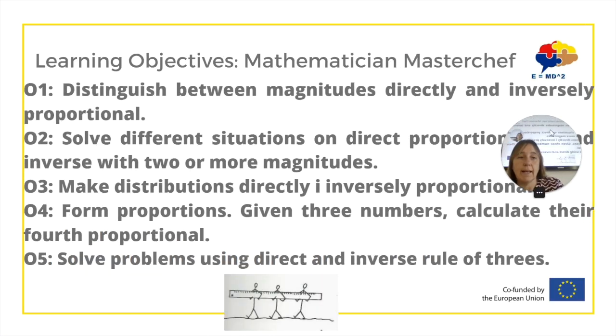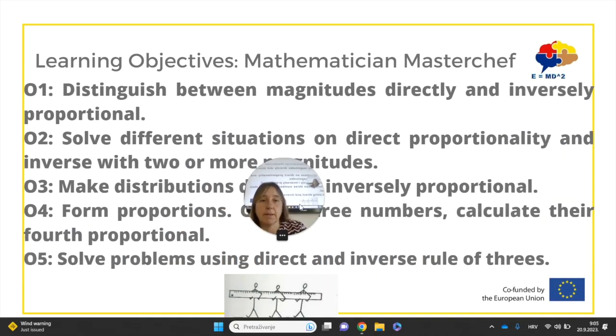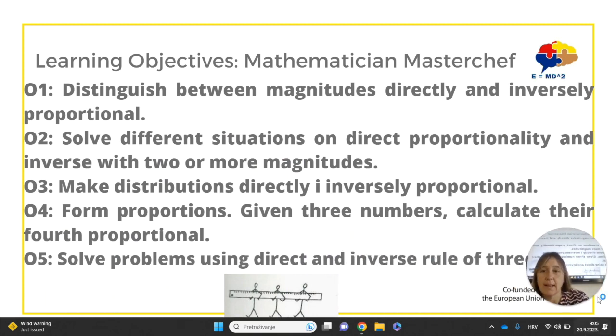In this project, the Mathematical Masterchef, we have 5 objectives. Objective 1 is that our students distinguish between magnitudes that are directly and inversely proportional.